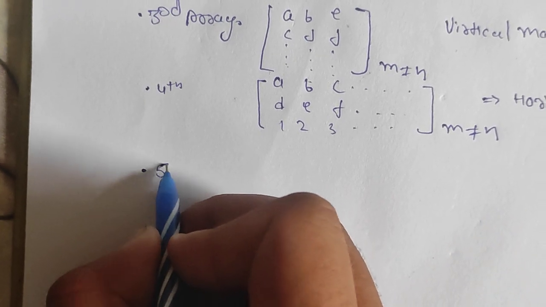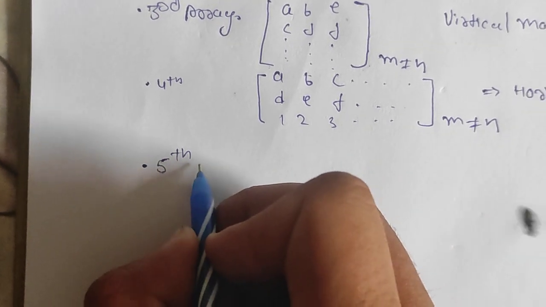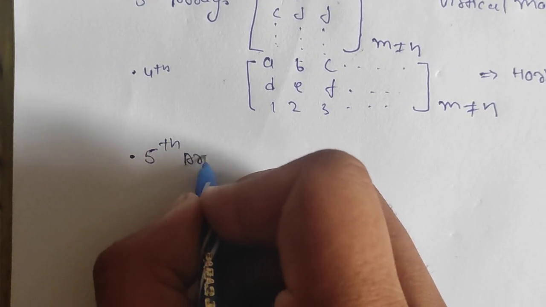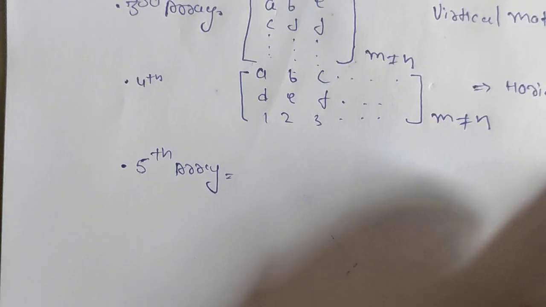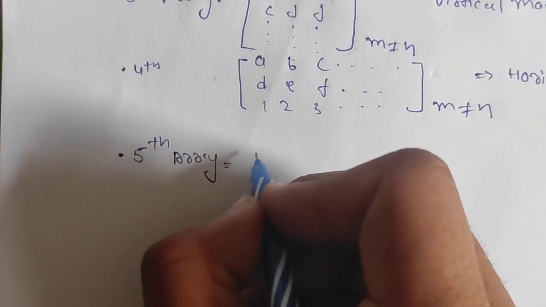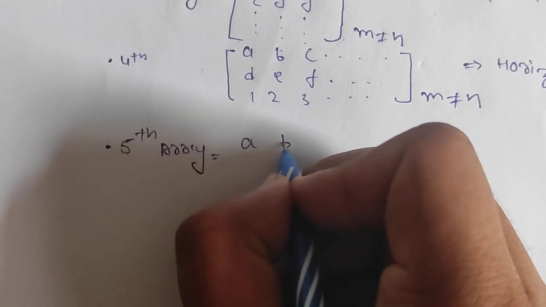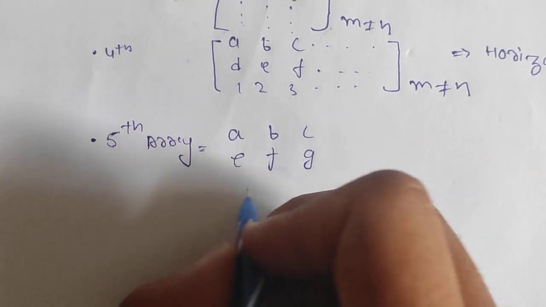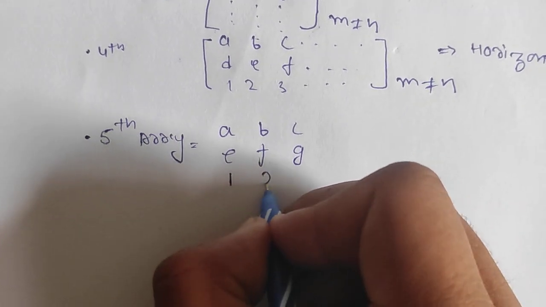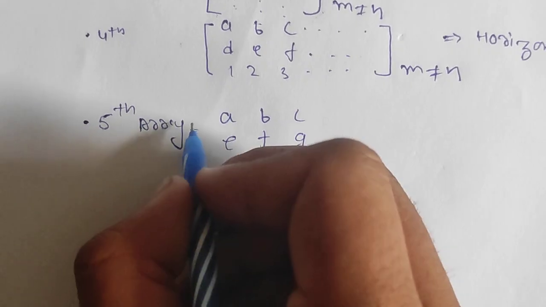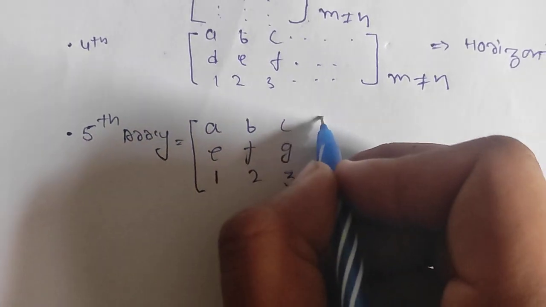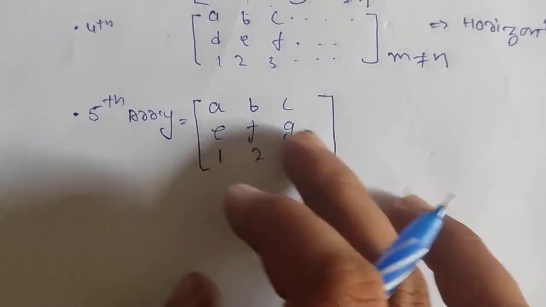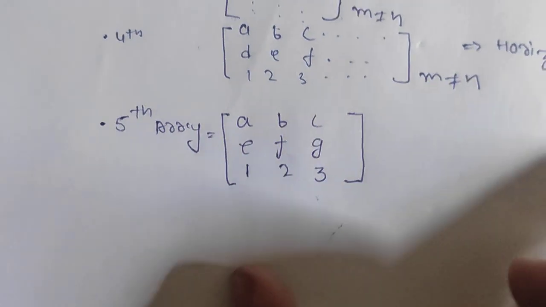Now the fifth one. Here is the main concept. The fifth arrangement: if I arrange all these, A, B, C, E, F, Z, 1, 2, 3, this arrangement is like a square because the rows and columns are the same, so it becomes a square.